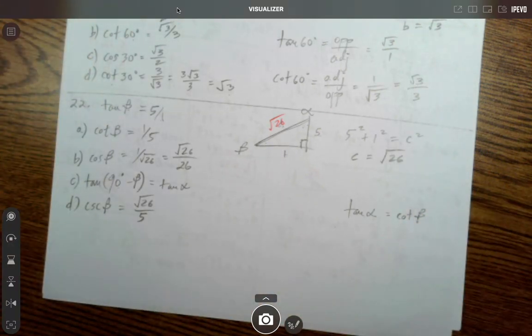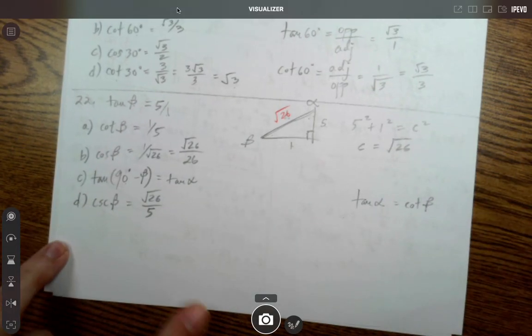Let's see if that formula is in here anywhere. Should be the complementary angles. I don't see them. Let me explain why.